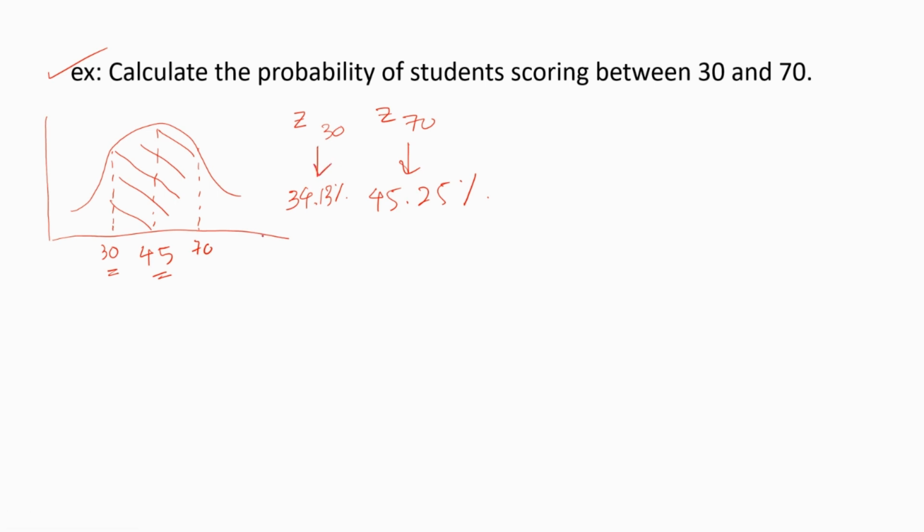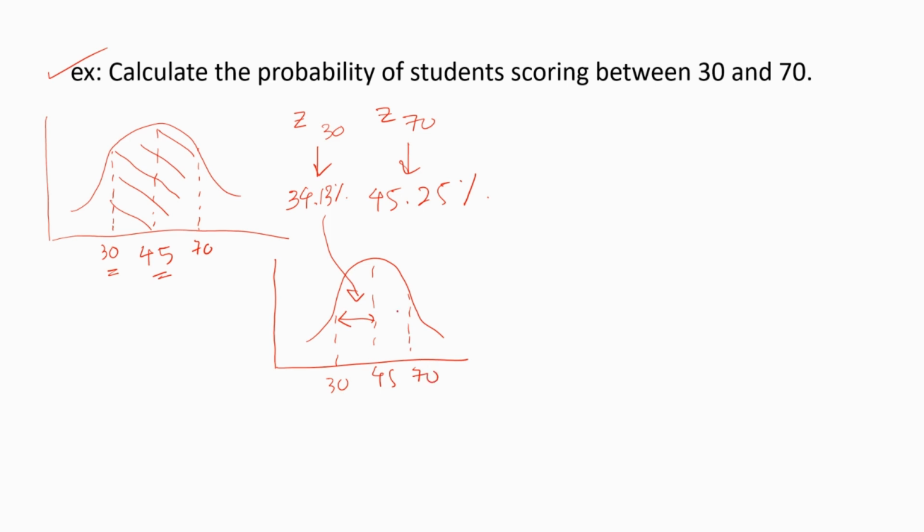Now we know the probabilities. So what is 34.13? Which is this? This is 45. This is 30. So this represents this area, as we did earlier. So what is the 45.25 area? Which is this?